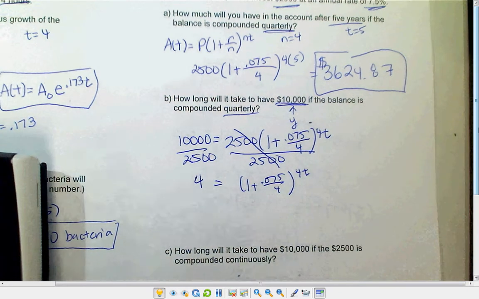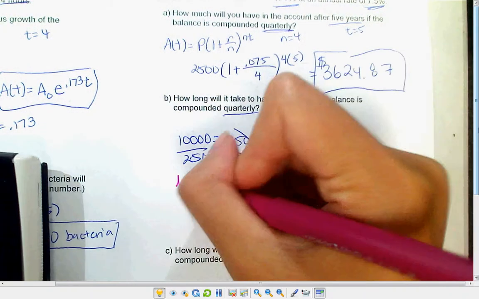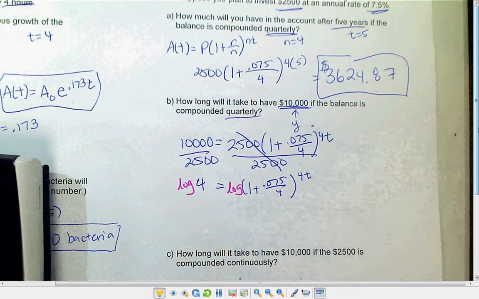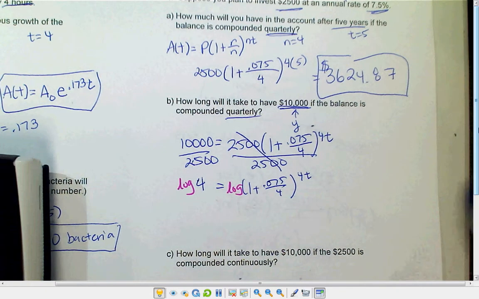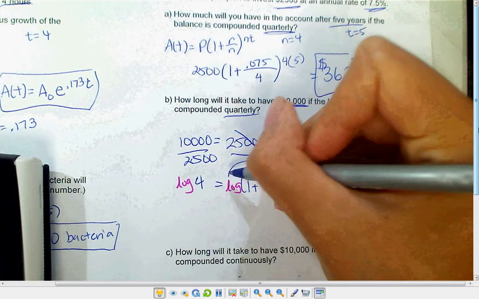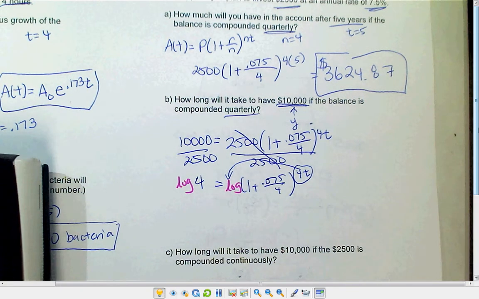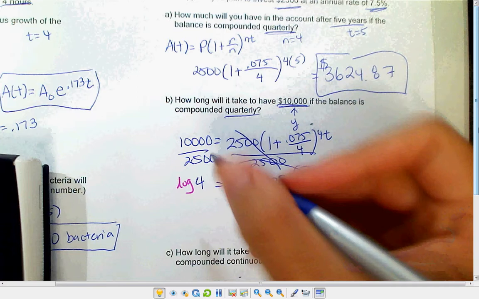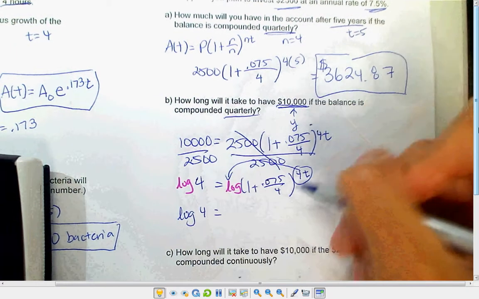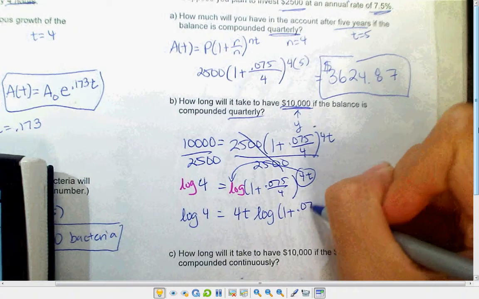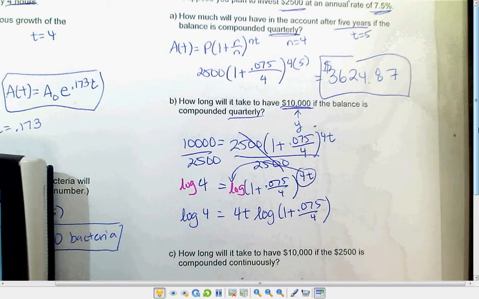My next step is to take the log of both sides, and the reason why I'm doing that is so that I can then move this to the front. So I have log of 4 equals 4t log of 1 plus 0.075 over 4.